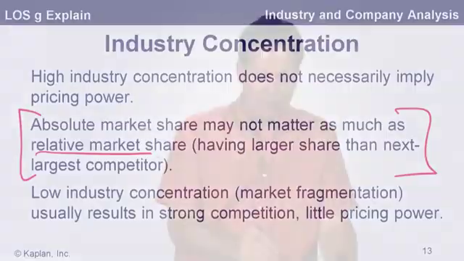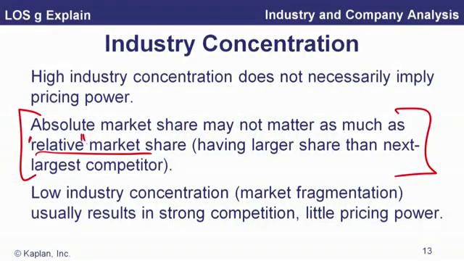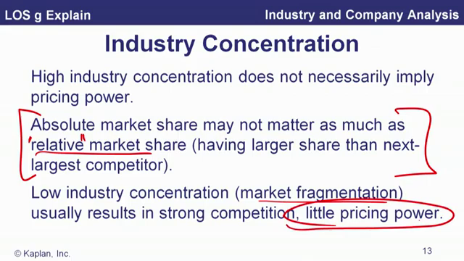It's that relative market share that implies you have greater pricing power. So low industry concentration is a fragmented industry. That means high competition, and in a low concentration industry there's very little pricing power. So you can have it or not have it depending on the structure of the industry. In a concentrated industry you may have it, but in a fragmented or competitive industry, there's very little pricing power.